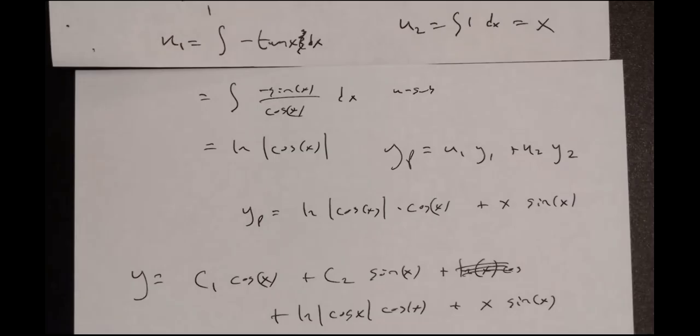If I added a plus c to that x, then I would have multiplied it by sine x, right? And that would have been c sine x. And that's already right here. It's exactly the reason. The plus c's in those two integrals for u1 and u2 are already in these plus c's. I don't need them.